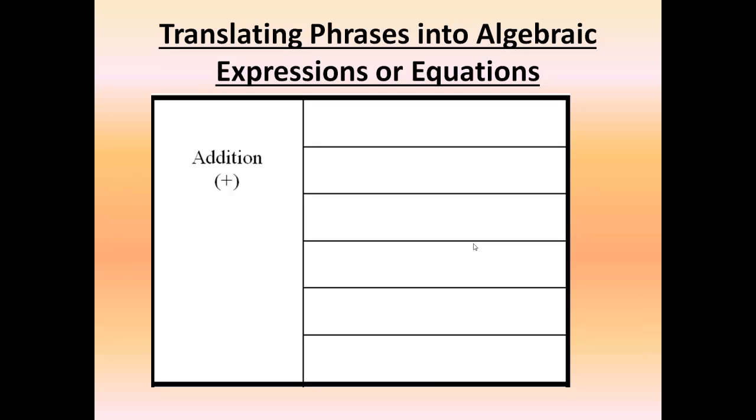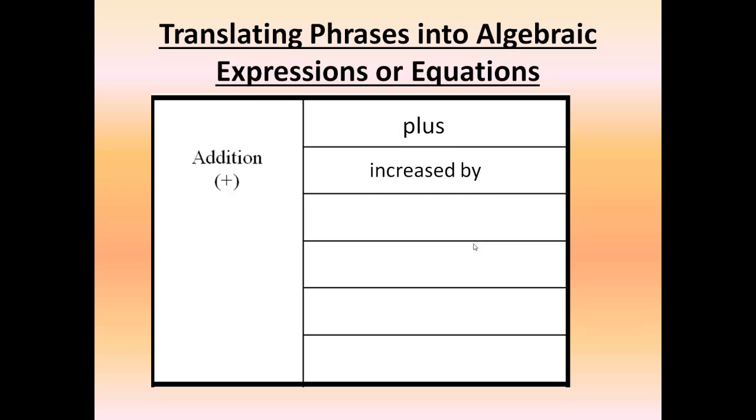We're going to be learning how to translate phrases into algebraic expressions or equations. And there's certain phrases that we need to know that indicate certain operations. So let's think about addition for a minute. Think of 2 or 3 words that mean addition.